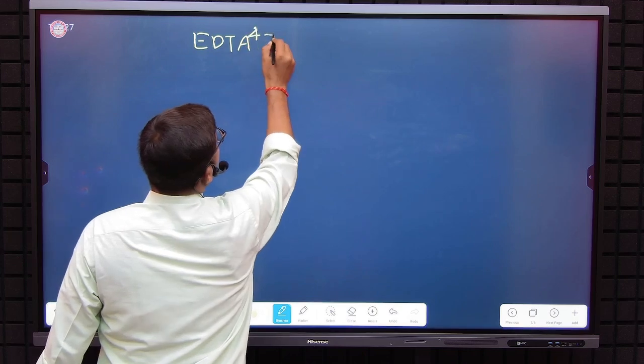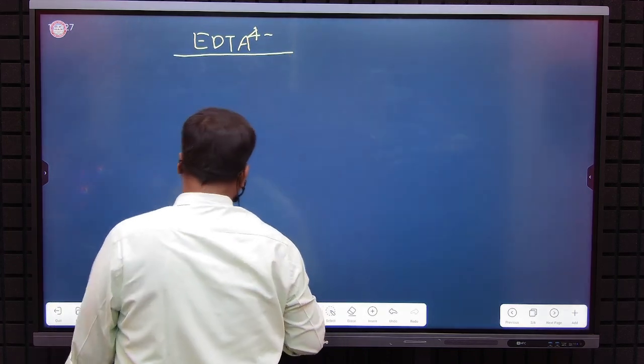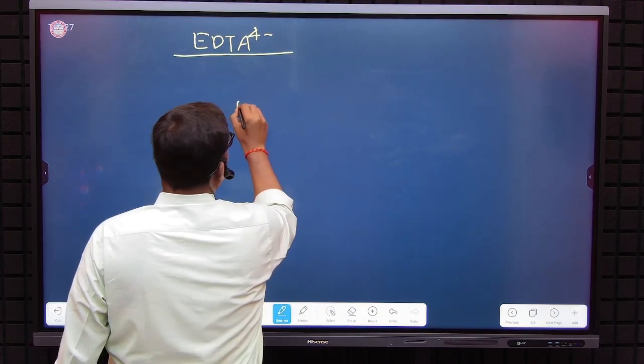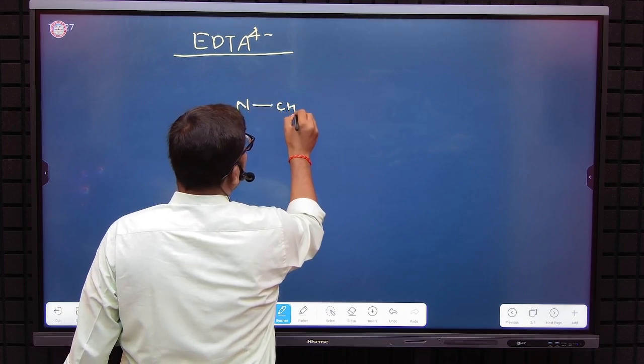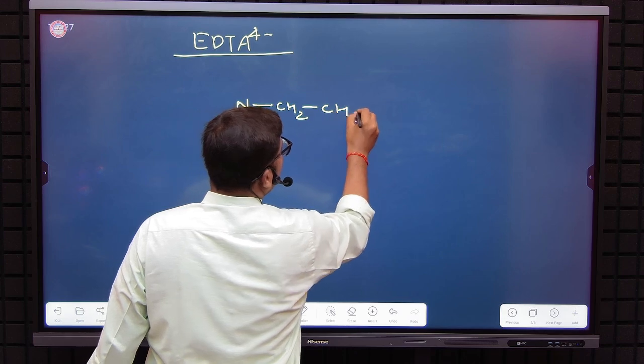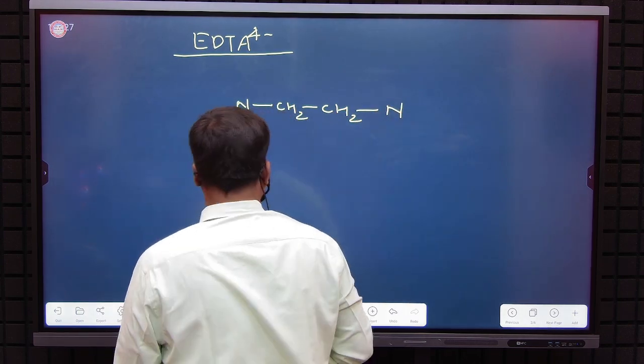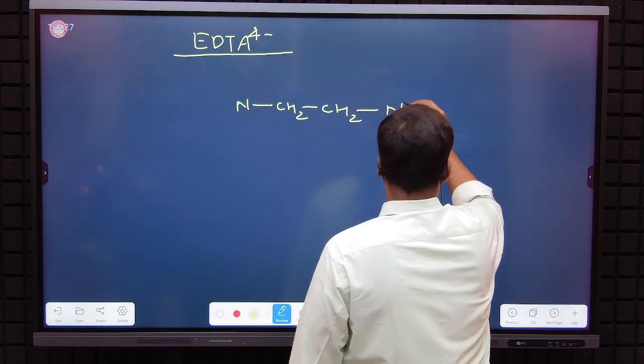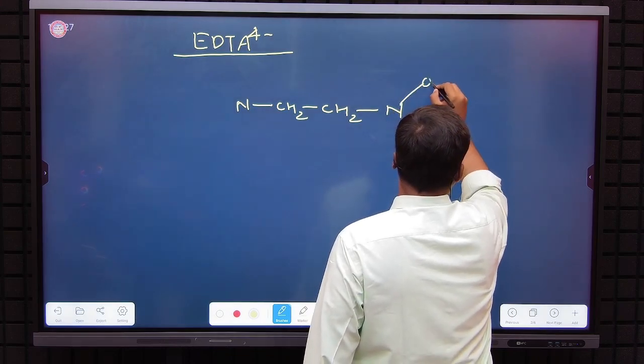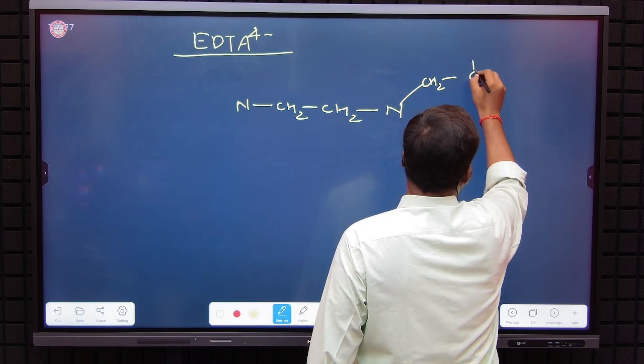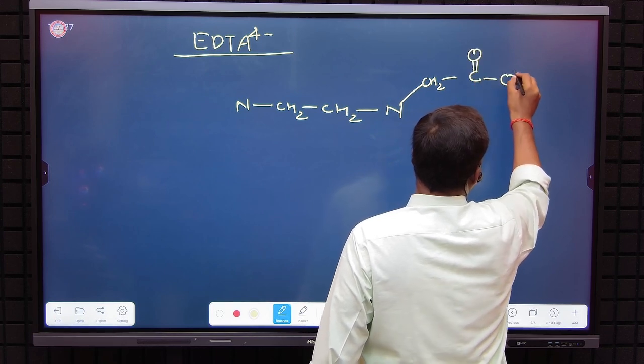EDTA 4 minus: this is your nitrogen, this is your CH2 and CH2. Now this is your nitrogen. So what happens? This is your CH2 and C double bond O, and this is O minus.